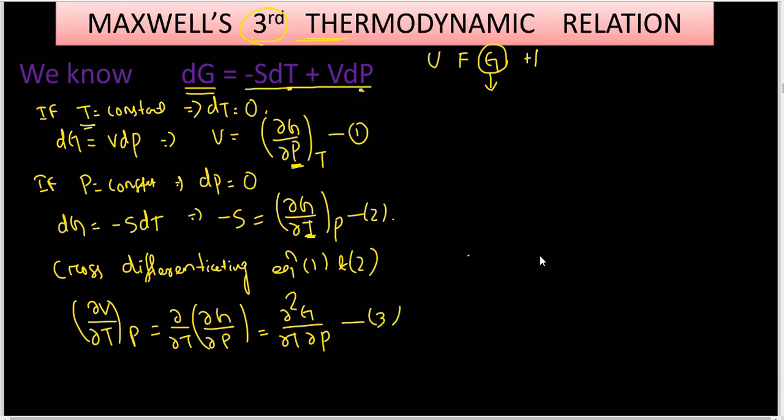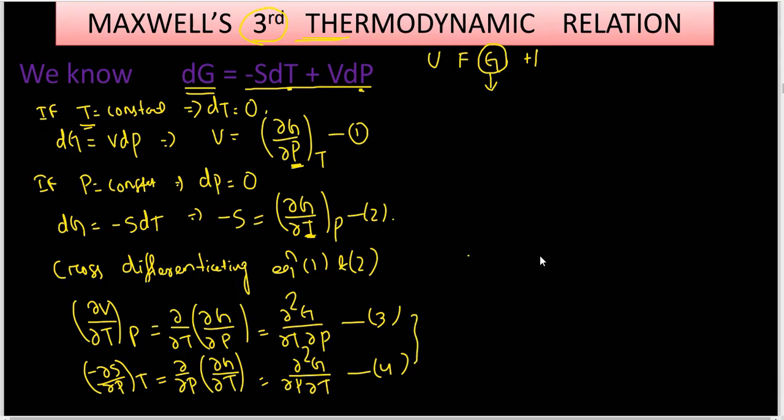Similarly, the second equation we will differentiate with respect to P, because on the right there is T, therefore we will take P. That is minus del S by del P at T constant is equal to del by del P of del G by del T, which is equal to del square G by del P del T. This is equation number 4. From equations 3 and 4 the right side parts are equal, so the left will be equal.